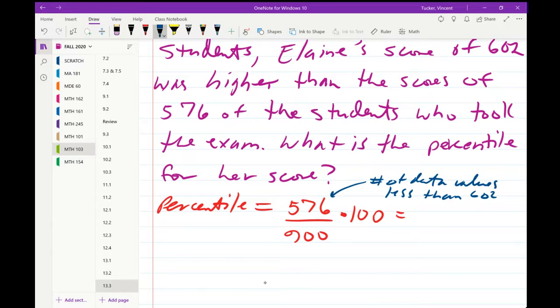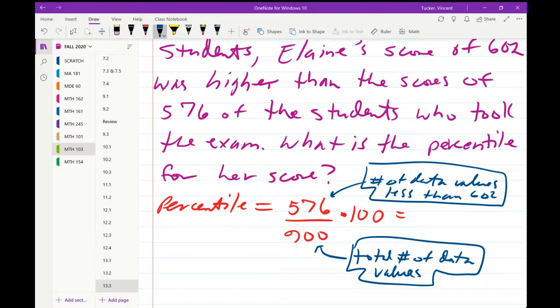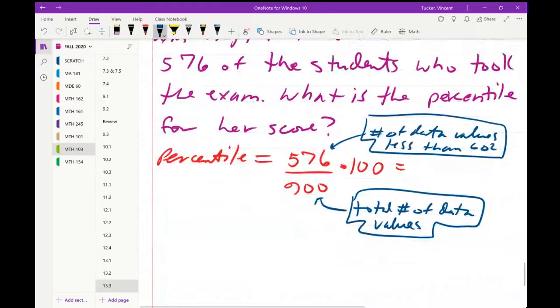Her score was 602, so we're looking at the number of data values that were less than 602. And here we have the total number of data values on the bottom.